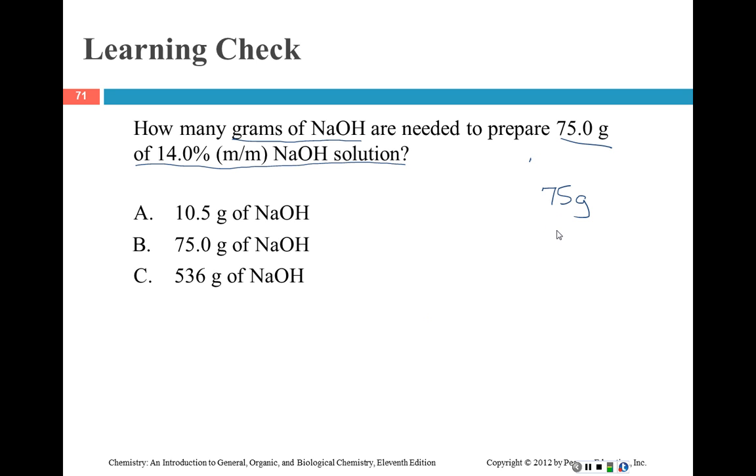So that means that we have 14 grams of sodium hydroxide per 100 grams of solution, right? So those are the two facts that this actually gives us. All right, so we want a 14%, but we're only going to have 75. Think about it for a minute.